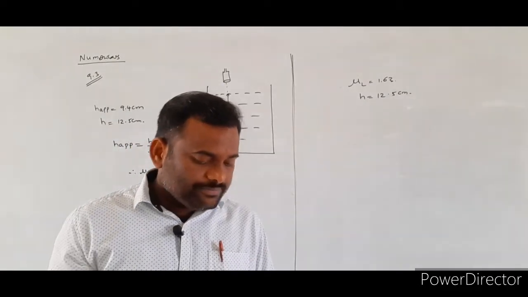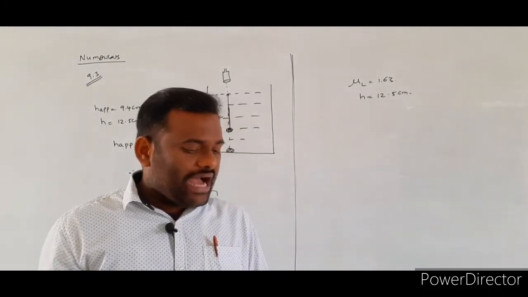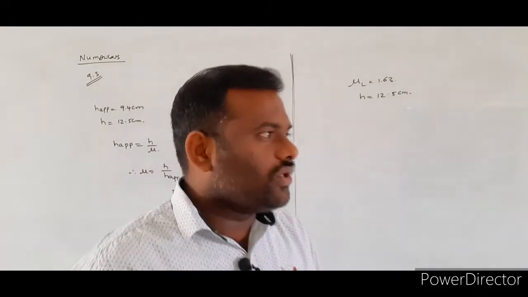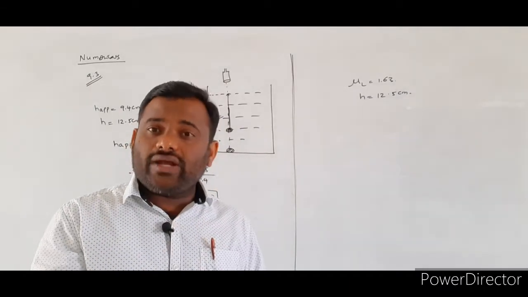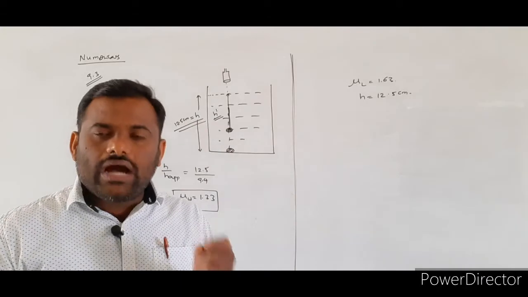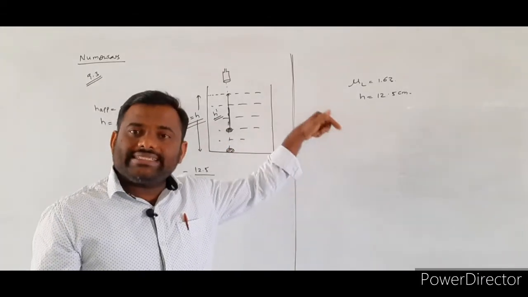Now what are they asking? By what distance would the microscope have to be moved to focus on the needle again? So, by what distance do we have to lift the microscope for focusing on the object? For that purpose, first we have to calculate the apparent position of the given object in the second case.